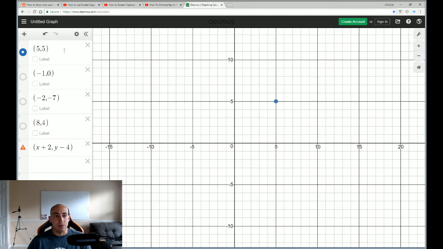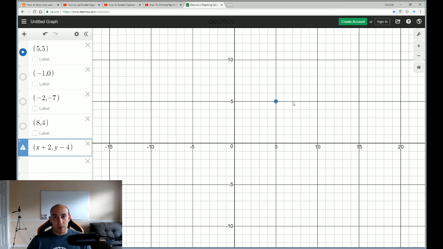So let's go ahead and do a couple of problems here. I'm going to do one to start, and then I'll go over to the second type of seeing a translation. I've got a point 5, comma 5. Remember from last video, I'm going 5 units to the right and 5 units up. X, then Y. Let's translate it 2 units right and 5 units up. I take this point and go 2 units right, 1, 2.